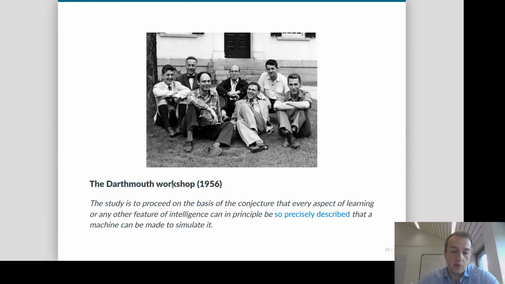In this workshop, which they organized as a one-week or several-week gathering of scientists, the abstract said that the study is to proceed on the basis of the conjecture that every aspect of learning or any other feature of intelligence can in principle be so precisely described that a machine can be made to simulate it.